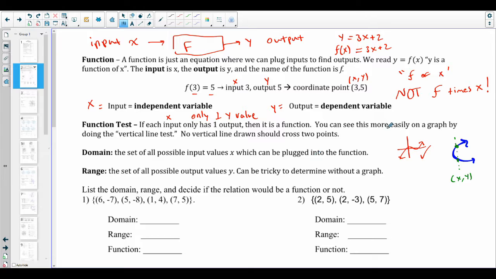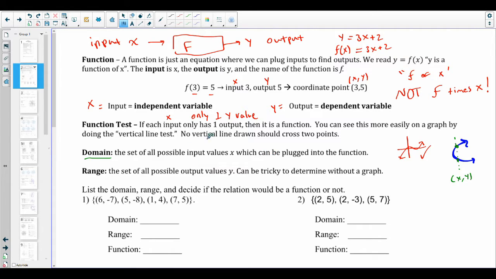Another way to talk about the x values or the inputs is to think about the domain, to refer to it as the domain. So if I'm asking what is the domain of a function, I'm saying, hey, what are all the possible values that you can plug in?